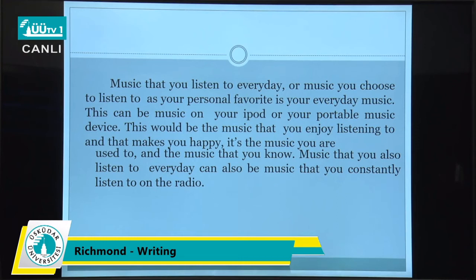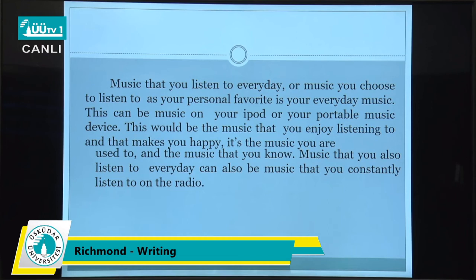It starts with explaining this category. Music that you listen to every day or music you choose to listen to as your personal favorites is your everyday music. And it gives us some examples. And again, at the end, we have the closing remark.